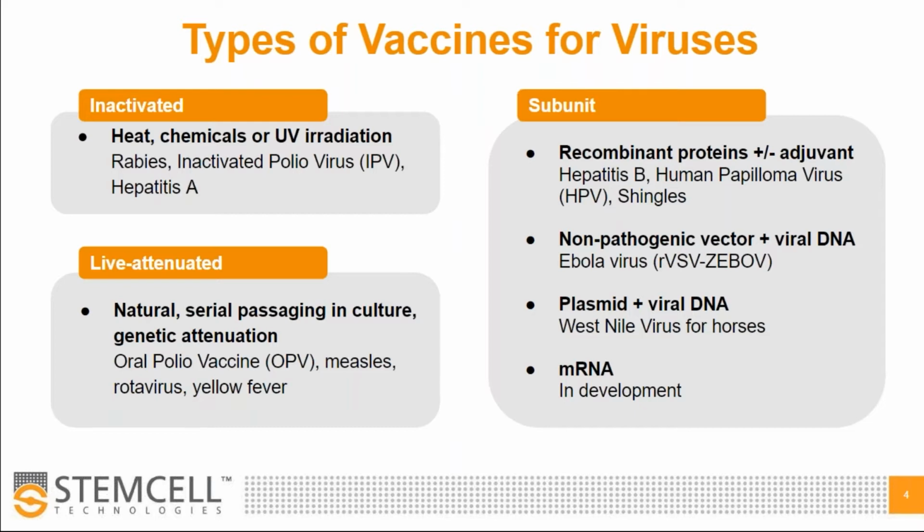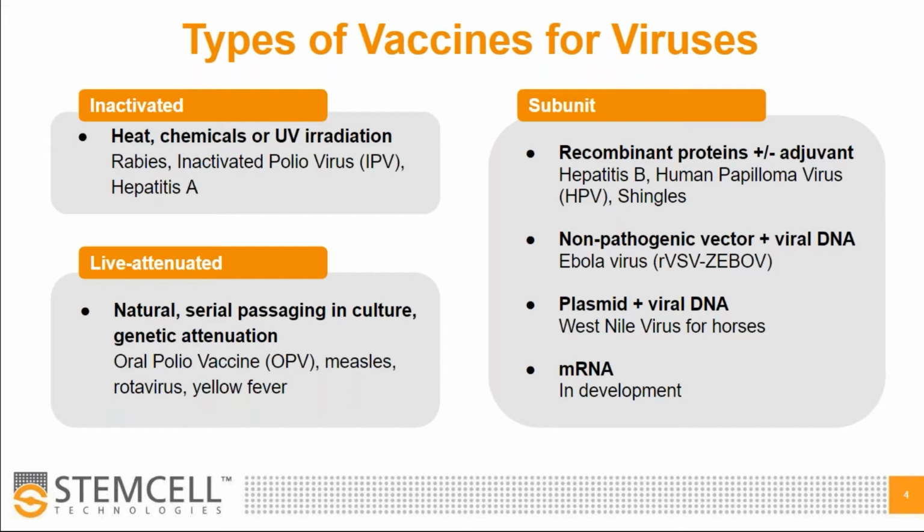The third main type of vaccine for viruses are the subunit vaccines, and these can be further subdivided into protein and nucleic acid-based subunit vaccines. The recombinant protein-based subunit vaccines are viral proteins that are expressed either in cell lines or by yeast, and they're often given in combination with an adjuvant. The non-pathogenic vector virus-based vaccines are based on a non-pathogenic vector in combination with the pathogenic viral DNA.